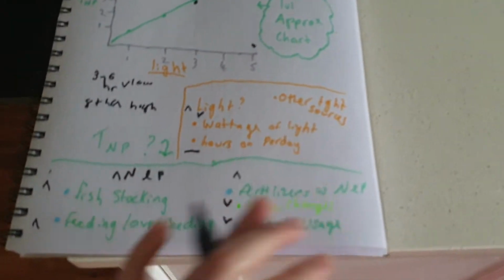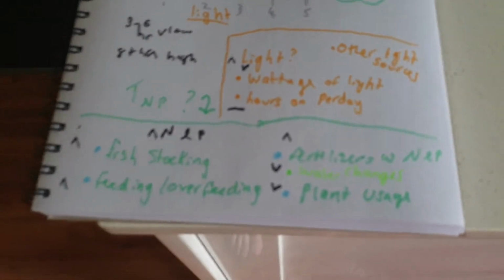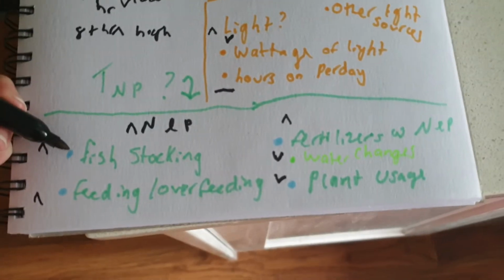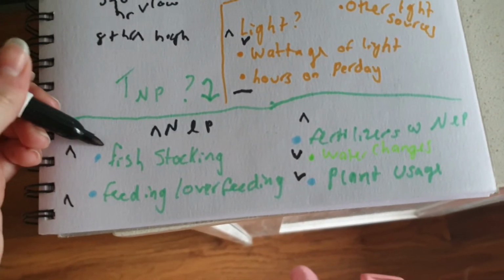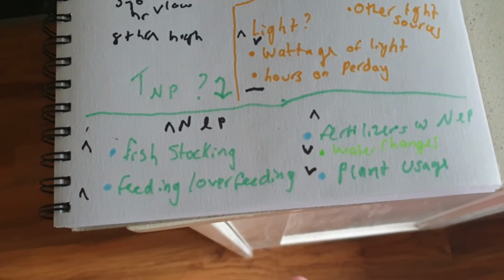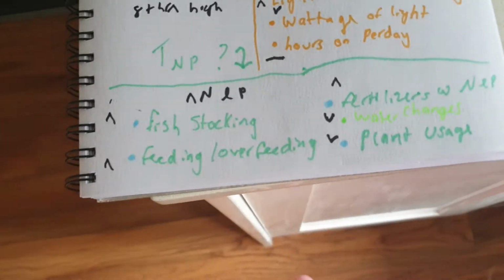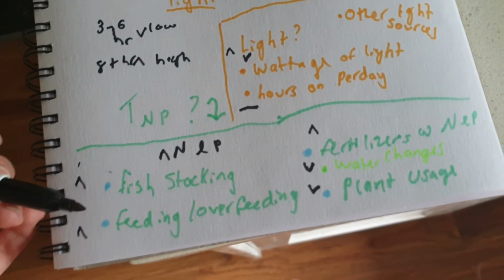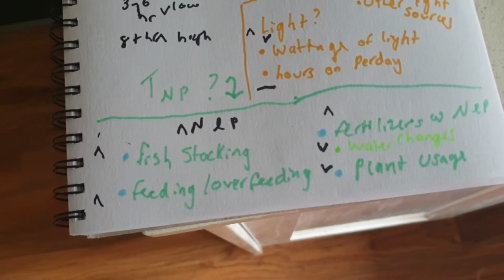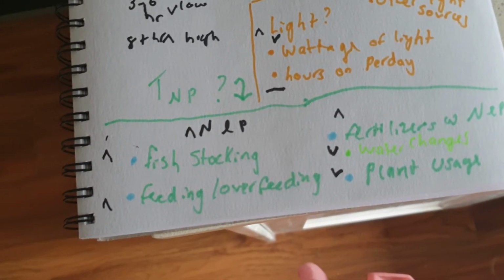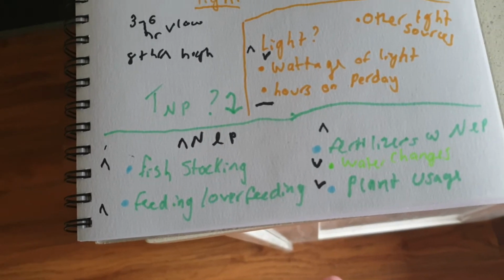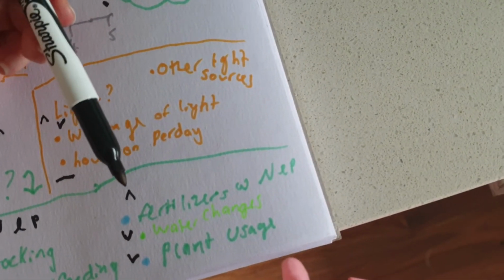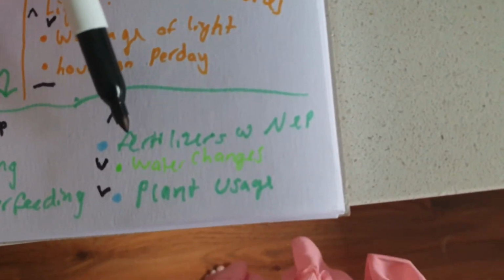Now, if we want to reduce algae, we've got to address some of these things, like reducing the fish stocking. That's an option. Don't get fish which are too big for your aquarium. Feed less, so feed every second day. Feed on day 1, next day don't feed, and feed on day 3. Don't use fertilizers with nitrate and phosphate, obviously, if you're trying to reduce algae.